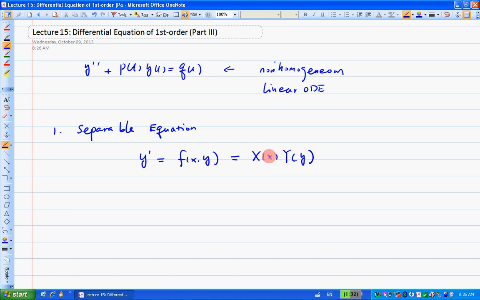One function is purely a function of x, and the other is a function of y. So this is a so-called separable equation. Now, in order to be consistent, let's change this t to x.